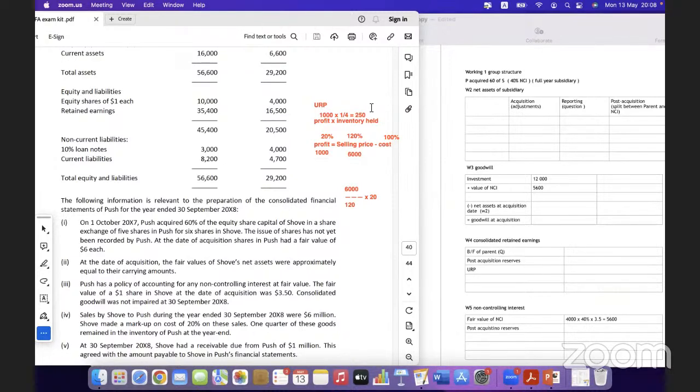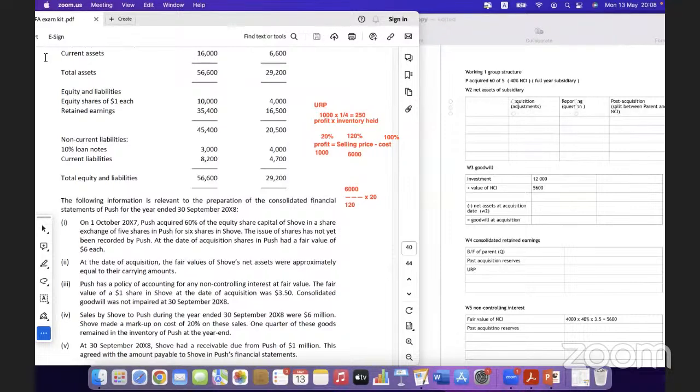Right. Then, on the other hand, number 5, at 30th of September, Shav had a receivable due from Push for 1 million. This agreed with the amount payable. So can you see, S had a receivable. That means for one company it's a receivable, and for the other company it has to be a payable. This is what we spoke about in the last question as a current account transaction. What do we do with them?